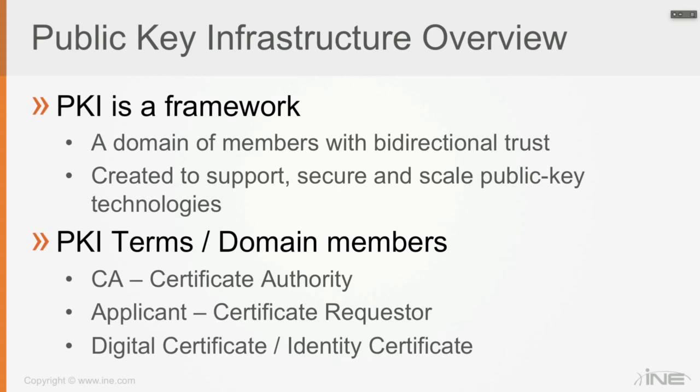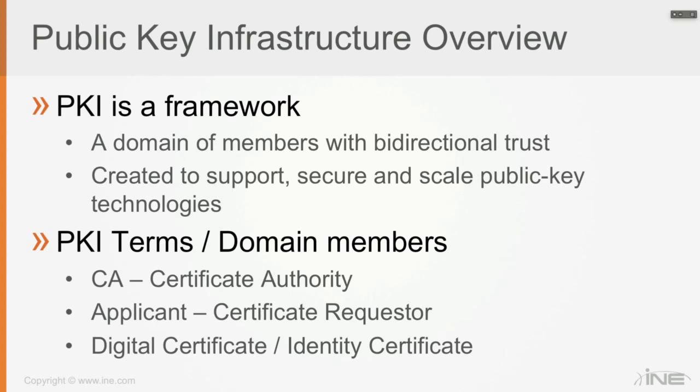We have something which is called the CA, or the certificate authority, we're going to see in a couple of minutes what that is. We're going to have the applicant, which is the certificate requester, and we have the digital certificate, or the identity certificate, or how it's called, the public key certificate.